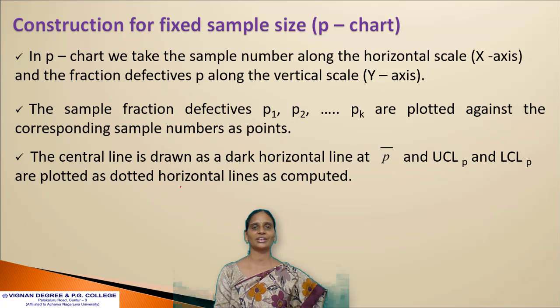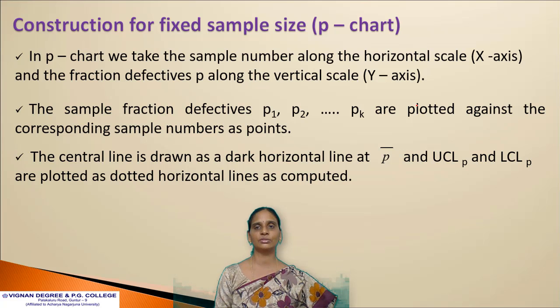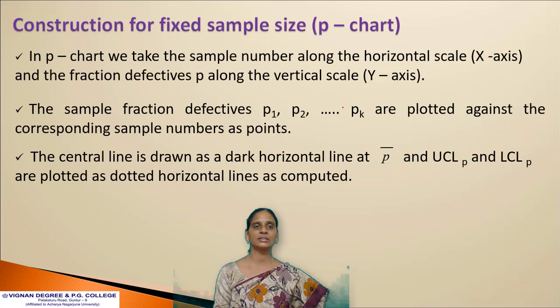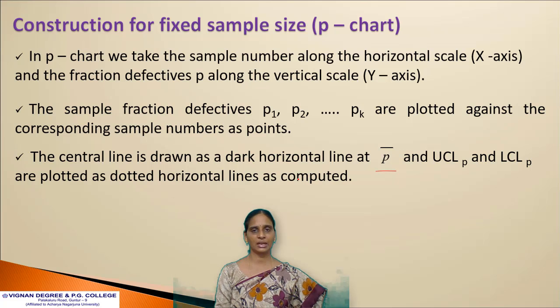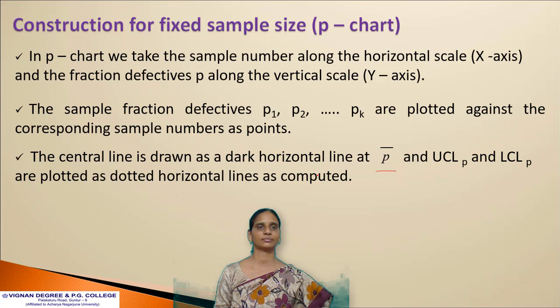The sample fraction defectives P1, P2 and so on Pk are plotted against the corresponding sample numbers as points, and the central line is drawn as a dark horizontal line at P bar, and UCL and LCL of P chart are plotted as dotted horizontal lines as computed.